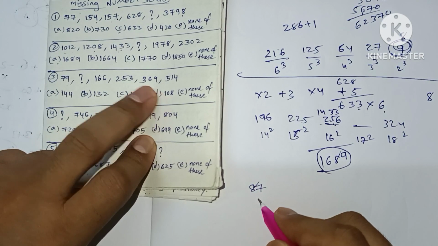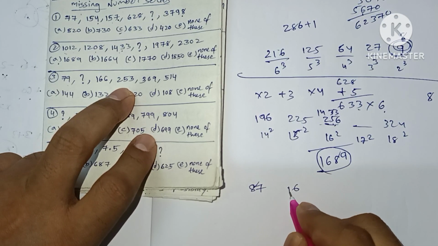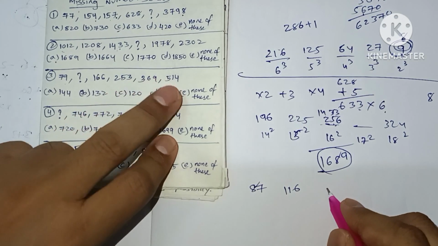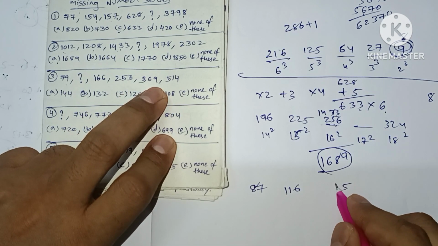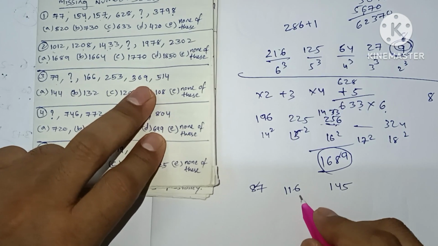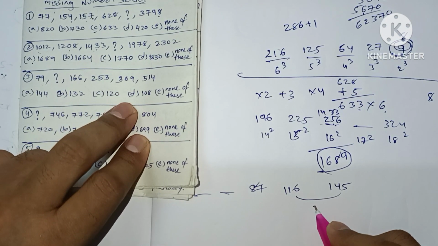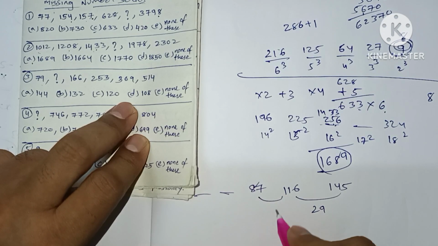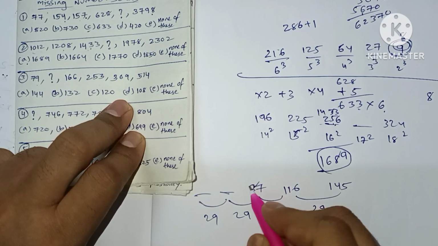The difference between 369 and 253 will be 116. 514 minus 369 will be 145. So we'll go for further differences. Here the difference is 29. Here the difference is 29. So there must be the 29 difference in between these two also.